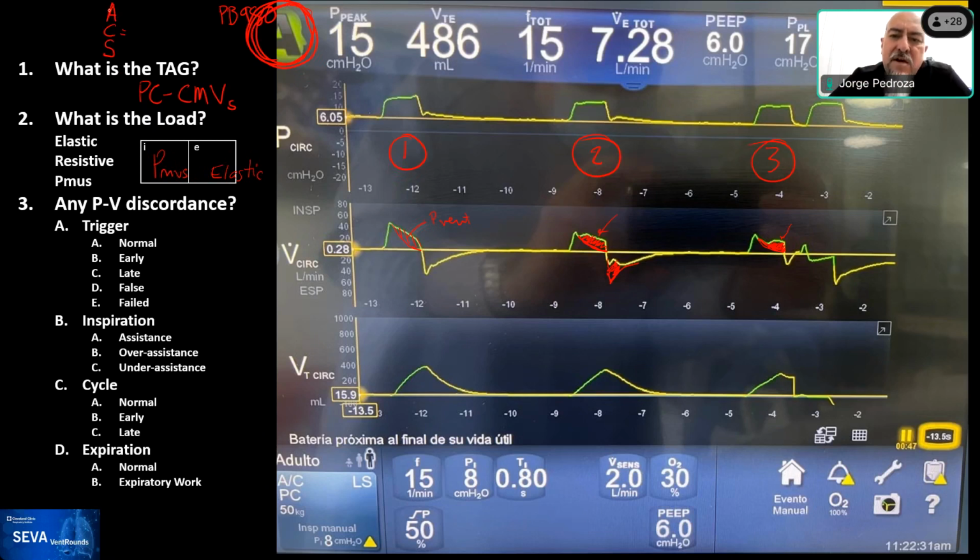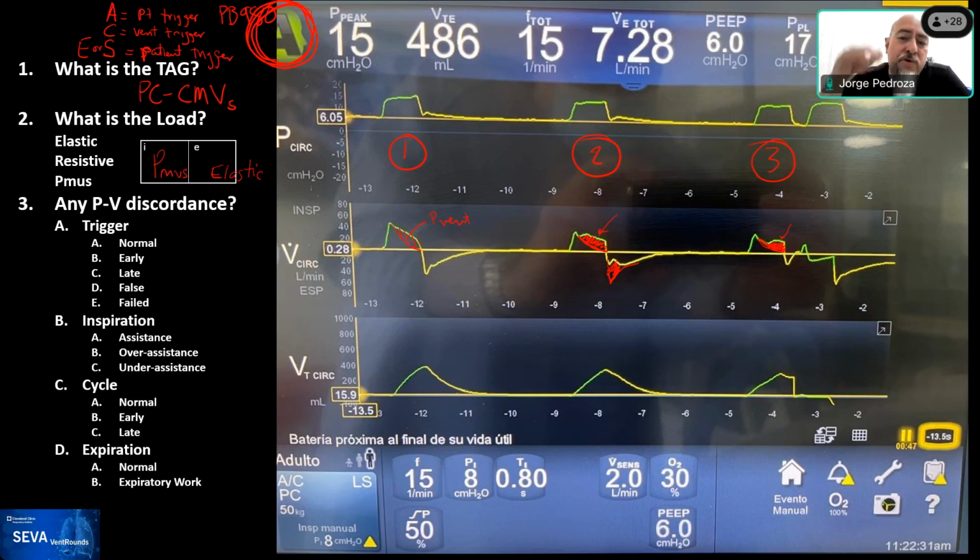It gives a C when it is controlled, triggered by the ventilator, an A when it is assisted, which means that the patient triggered the ventilator, and it gives in Spanish an E. I suppose that in English it was an S of spontaneous. Assisted is triggered by the patient. However, spontaneous is triggered and cycled by the patient.